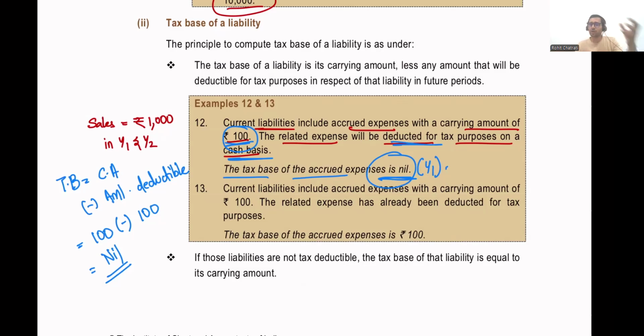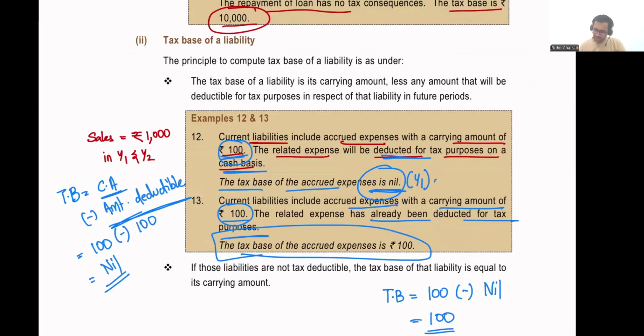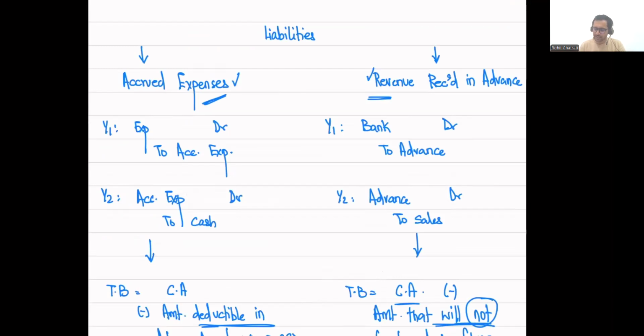All right, that was the logical approach, but the rule-based approach is going to be carrying amount minus the amount that is going to be deductible in future. Now over here, if you recall how we calculated the deferred tax for example 12, we started by populating the carrying amount of the liability. The carrying amount of the liability for year 1 is going to be equal to 100.